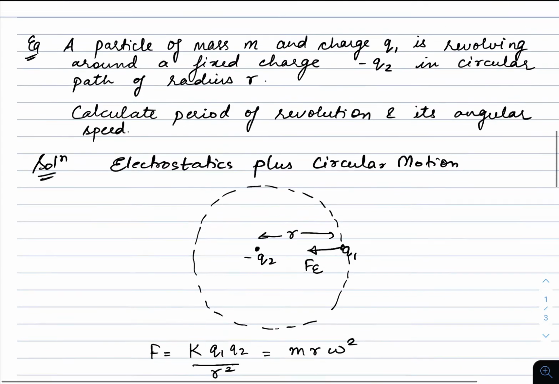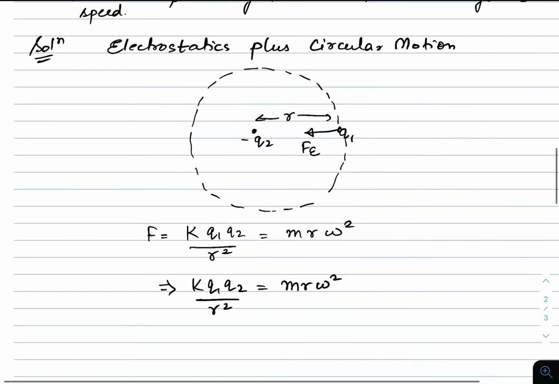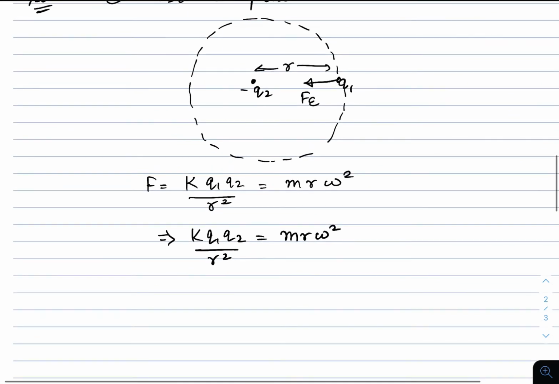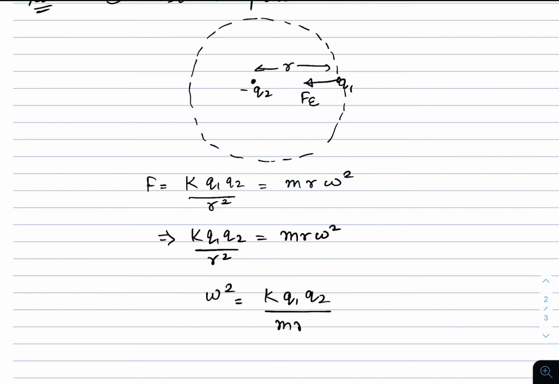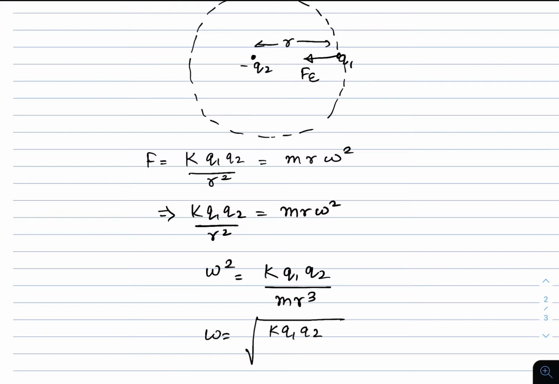So the values are given q1 q2, so it is k q1 q2 by r square is equal to m r omega square. So omega can be calculated using this because we have to find its angular speed. So omega square comes out to be k q1 q2 divided by m r cube. So omega is equal to under root of k q1 q2 divided by m r cube.